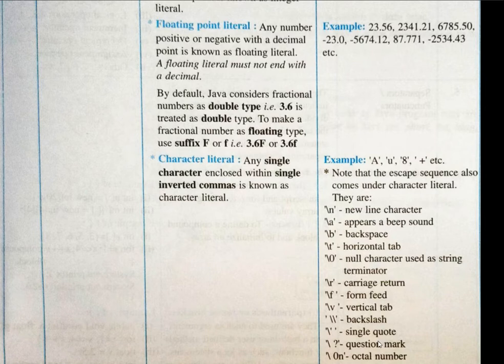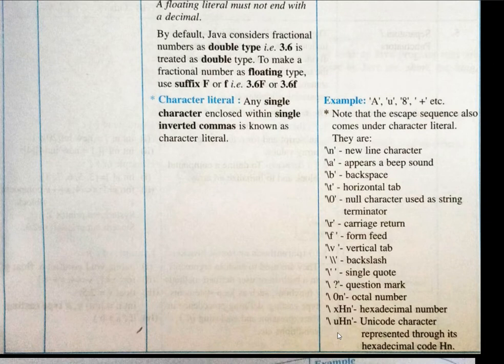In a similar manner, you are also able to represent other specific characters. If you want to print the single quote on the screen or the backslash on the screen, meaning symbols which have some specific meaning, you are able to print them on the screen with the help of the escape sequence.